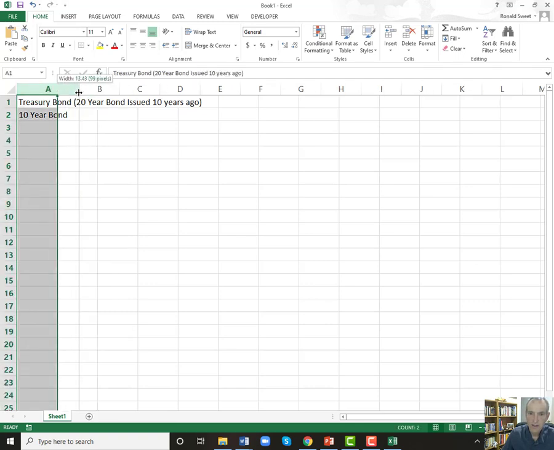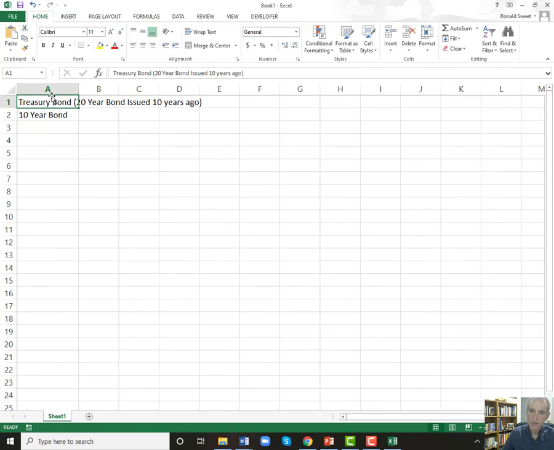Now, what's the 20-year bond going to do for us? Well, because it was issued 10 years ago as a 20-year bond, it's going to have a coupon that's real close to what interest rates were 10 years ago. And so that's going to be pretty different than today, to be sure.